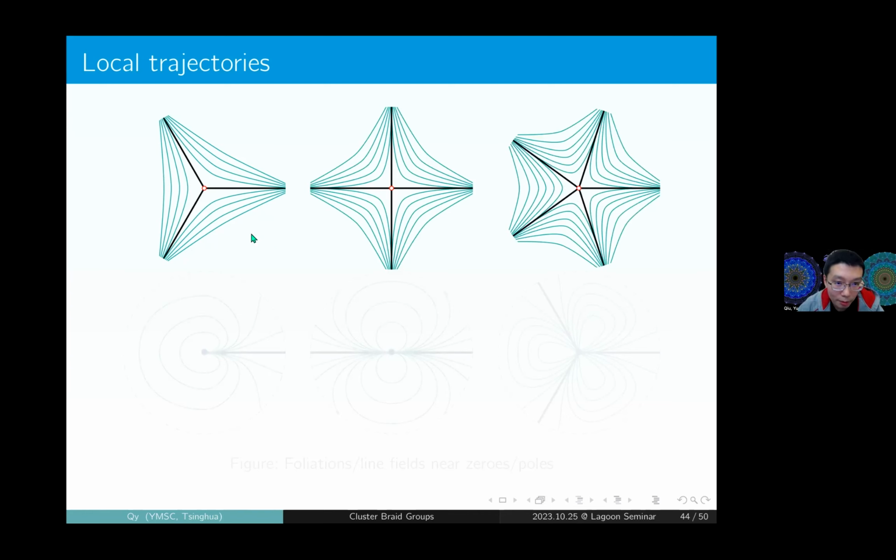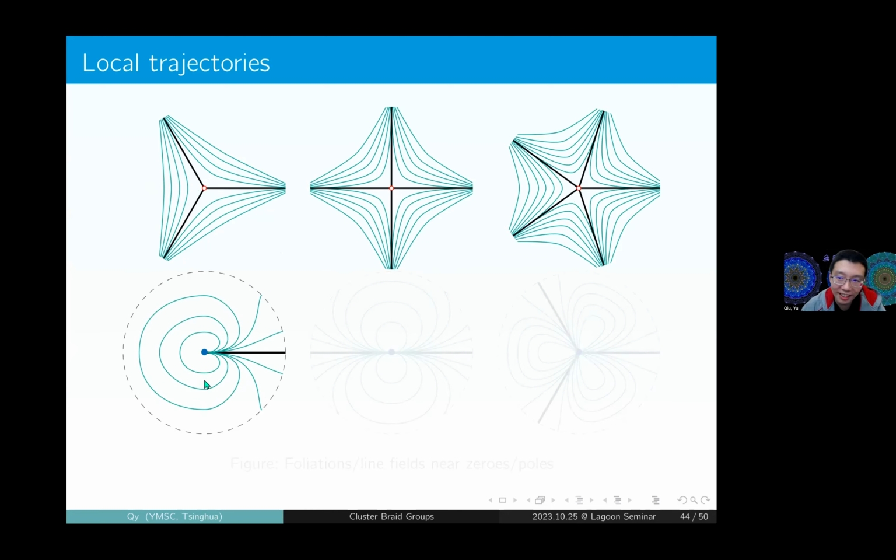And for a pole, it's a little bit different. For a zero, you see that basically around this zero, you are gluing many copies of the upper half plane. And if you go to this zero, there will be a finite distance. But at the pole, it's something like that. So this is the simple pole.